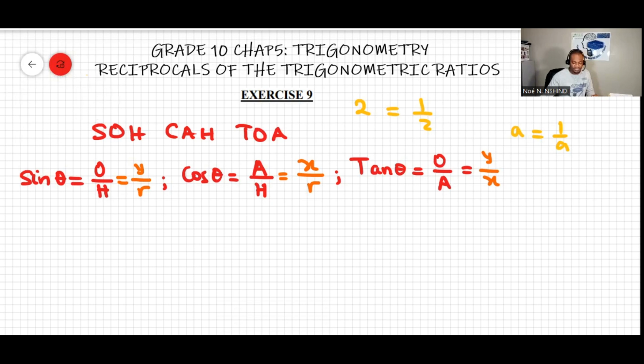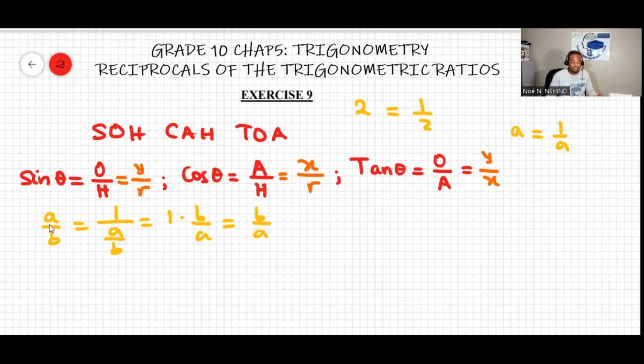If you have A over B, the reciprocal is 1 over A over B, okay? But this will be written as 1 multiplied by B over A, and then 1 times B is B over A. So in short, in cases like that, we simply switch the numerator with the denominator of the fraction.